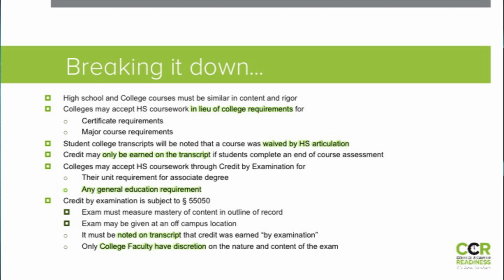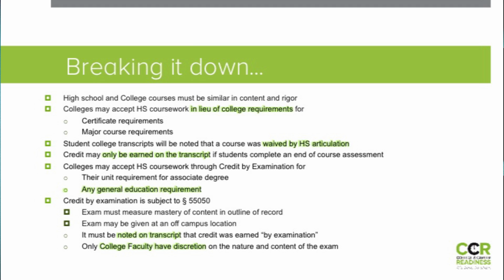So the student at the high school takes and completes the high school course. At the end of the course, they are subject to some kind of assessment. It could be a written exam, the college final, the high school final, or a portfolio of work. I had a college faculty member who wanted high school students to give him a sample weld.